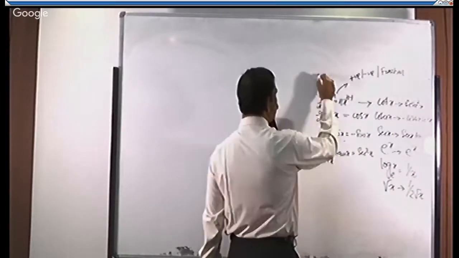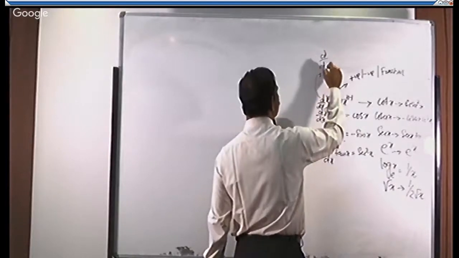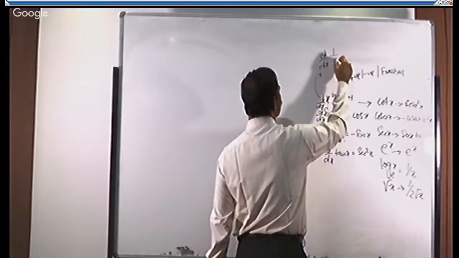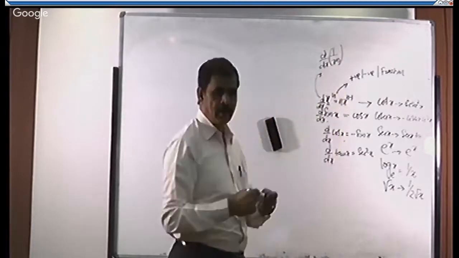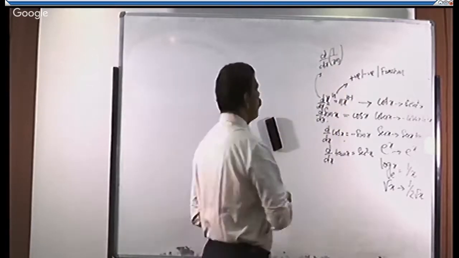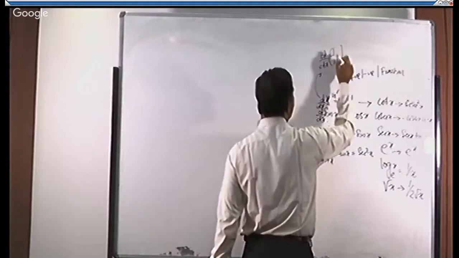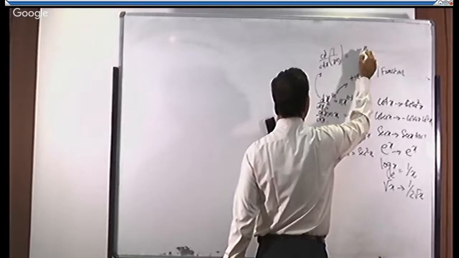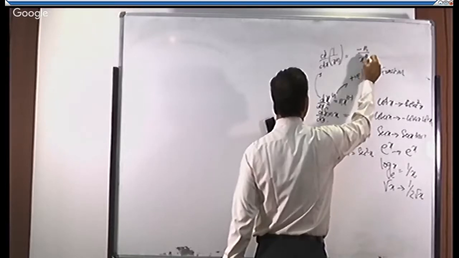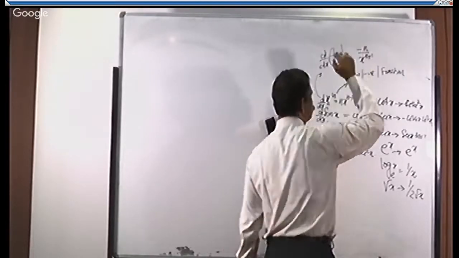Suppose I take the differentiation of 1 by x to the power of n. For x to the power of n, it is n into x to the power of n minus 1. For differentiation of 1 by x to the power of n, it is equal to minus n divided by x to the power of n plus 1.